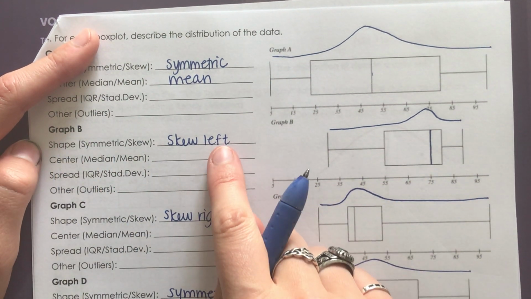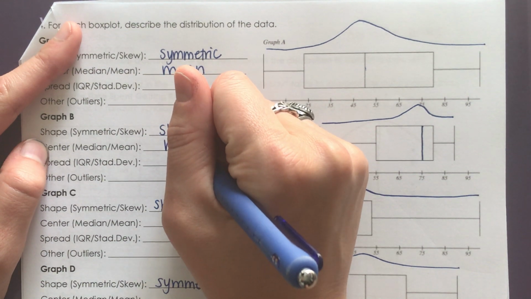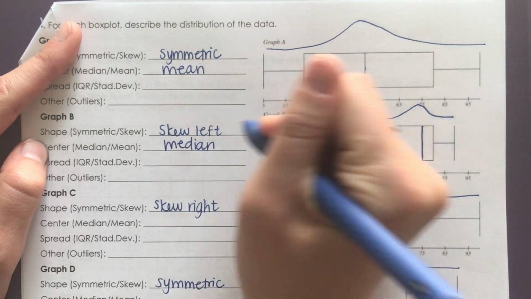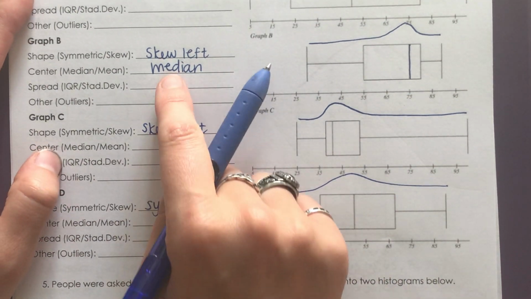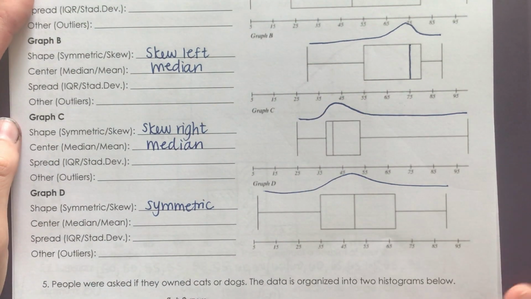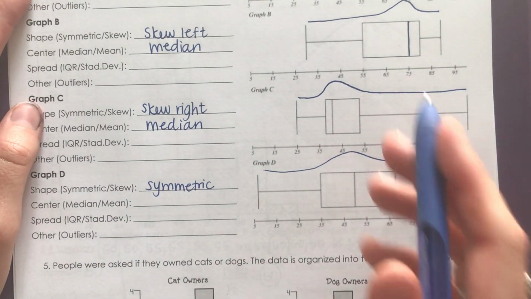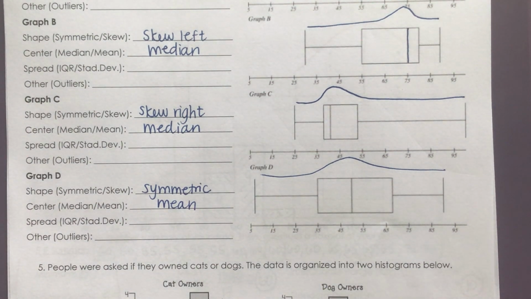Graph B is skewed, so I'm going to use the median. Graph C is skewed, so I'm going to use the median. And graph D is symmetric, so I use the mean.